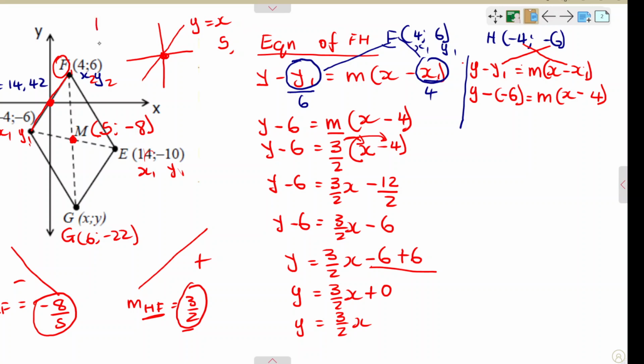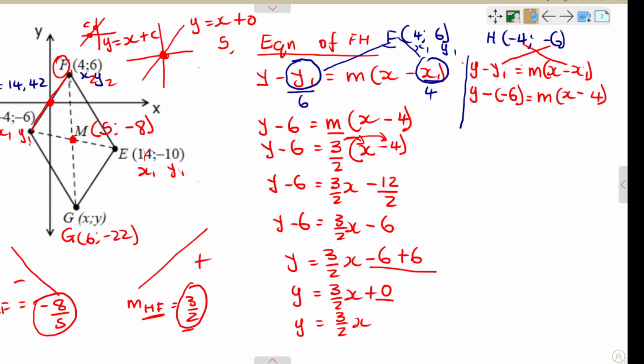But if, for example, you have a Cartesian plane and a line passing through the x axis and the y axis, then this equation will be y equals x plus c. c represents the y coordinate. But in this case, we don't have the y coordinate. It's just passing through the origin. So it's like y equals x plus 0. That's why here the y coordinate is 0.